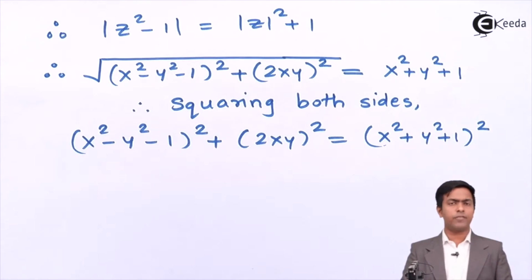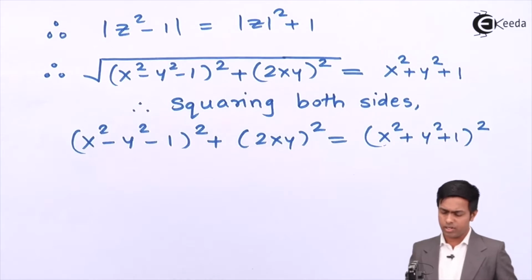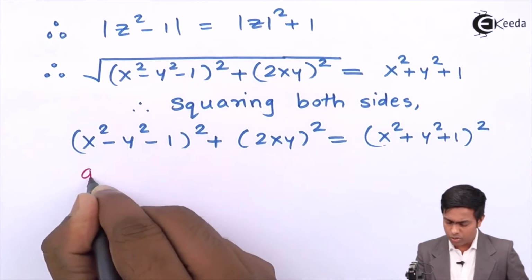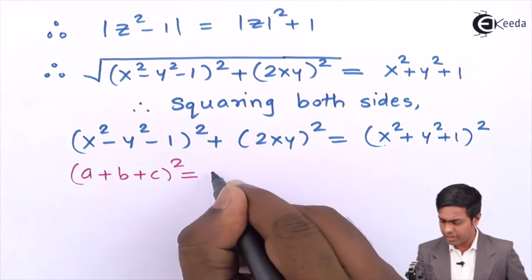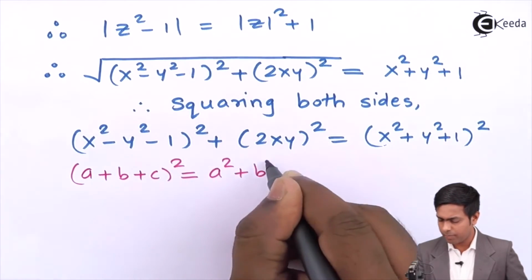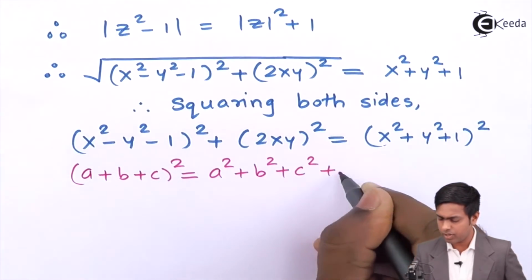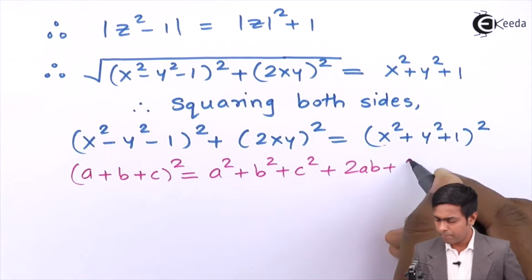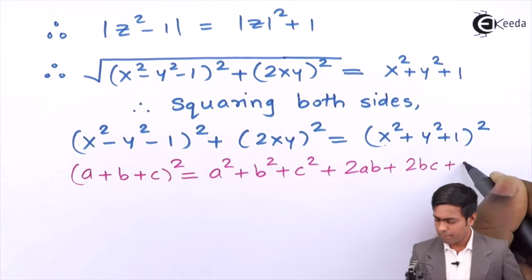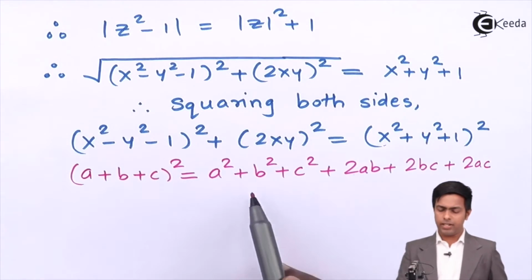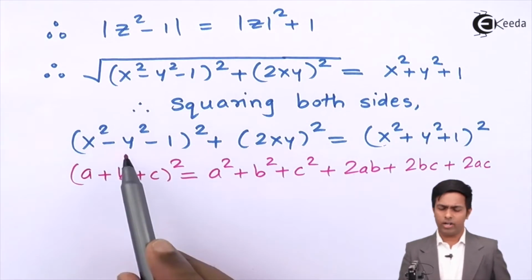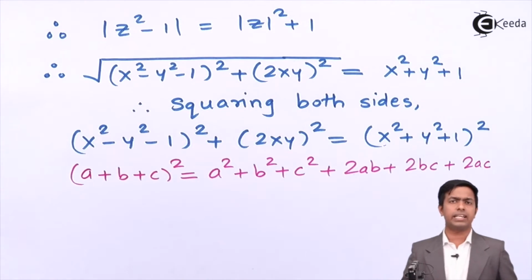Do you know the formula of a plus b plus c the whole square? I'll write it for you. A plus b plus c the whole square is equal to a square plus b square plus c square plus 2ab plus 2bc plus 2ac. We'll apply this formula on the left hand side as well as the right hand side.